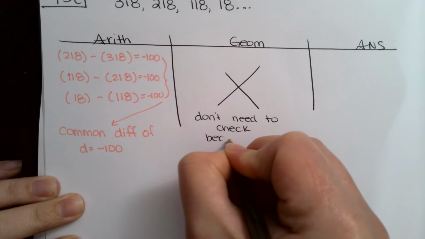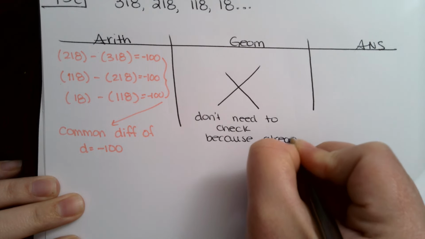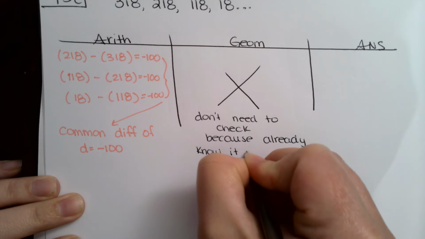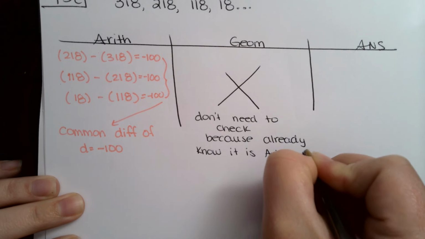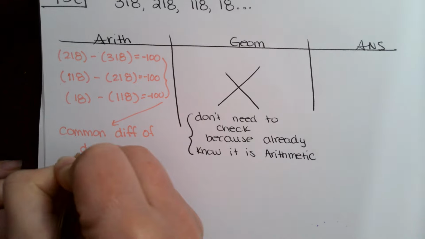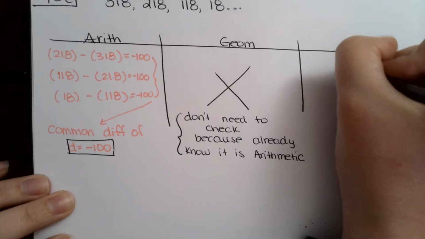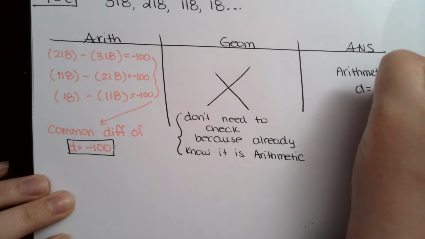And that is because we already know it is arithmetic. Again, how do we know it's arithmetic? Well, we know its common difference is negative 100. So this is going to be arithmetic with d equals negative 100.